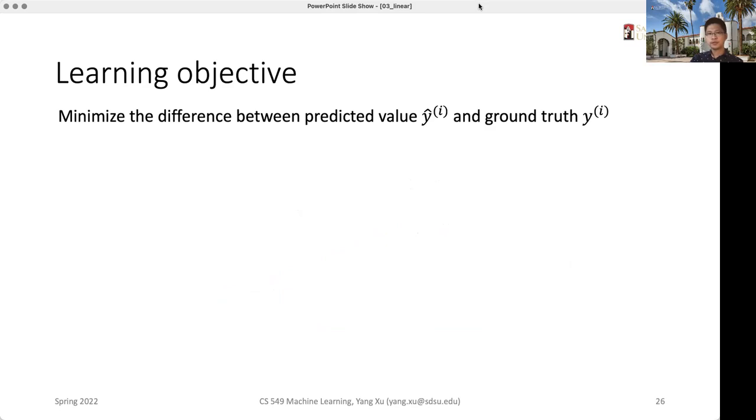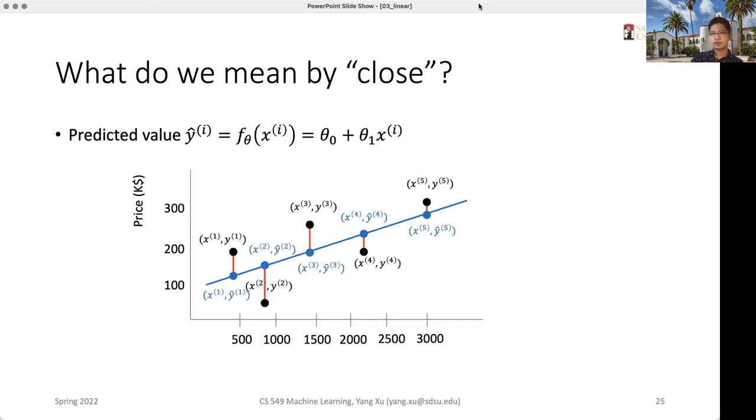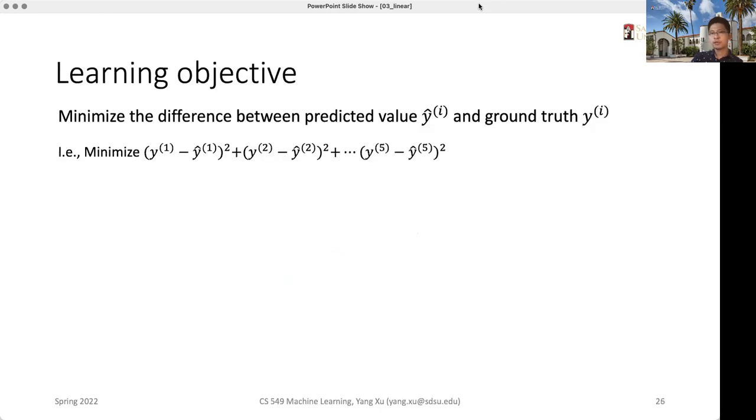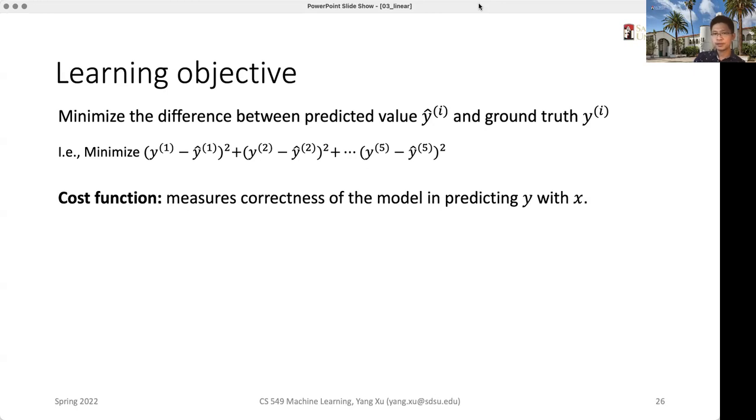So our learning objective becomes more clear. We want to minimize the differences between the predicted values and the ground truths, right? That is, we want to minimize a summation of squares: a summation of y1 minus y hat 1 squared, plus y2 minus y hat 2 squared, and so on until the last data point.